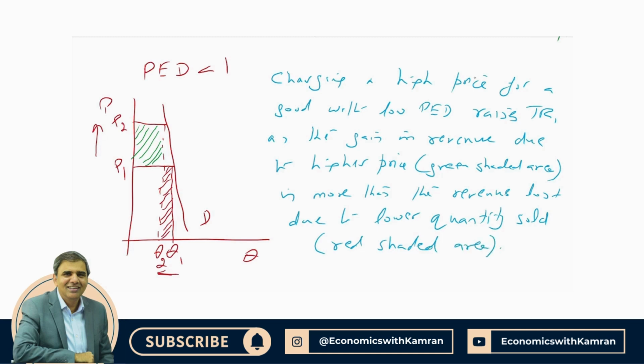So charging a high price for a good with low PED raises total revenue, as the revenue gain due to higher price is more than the revenue loss due to lower quantity sold.